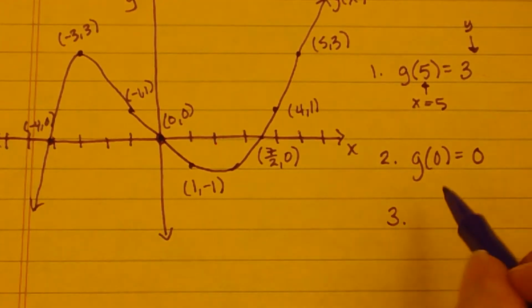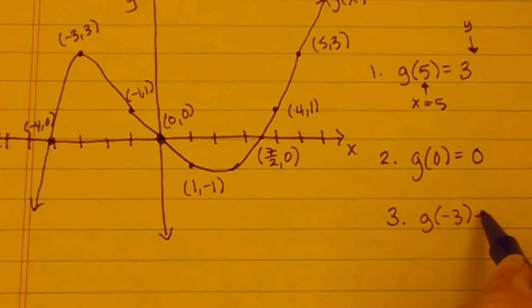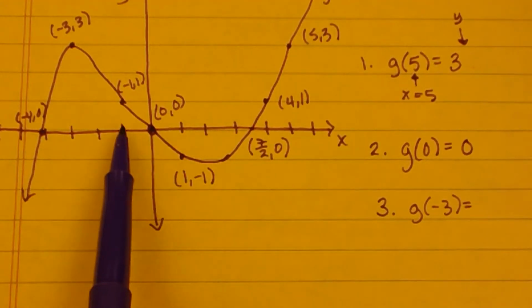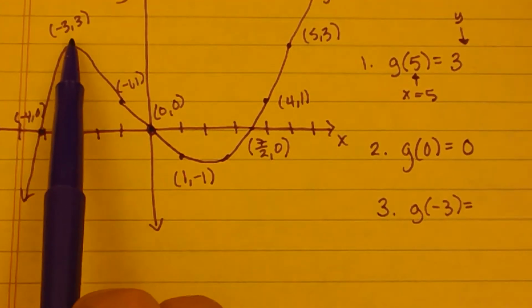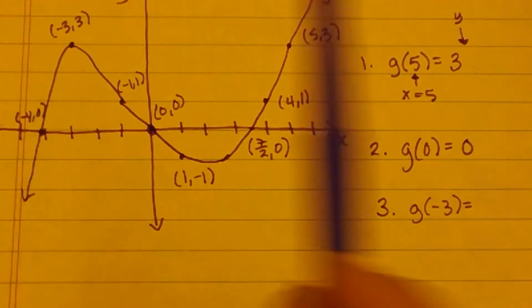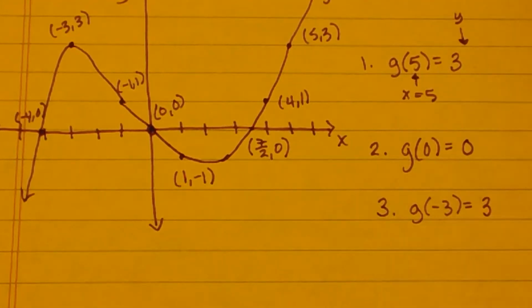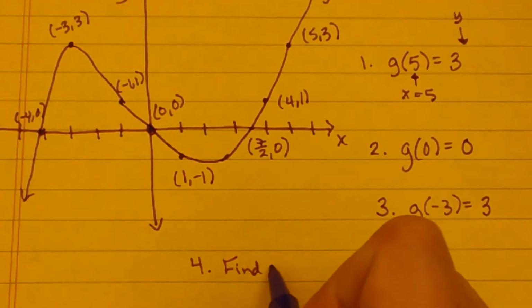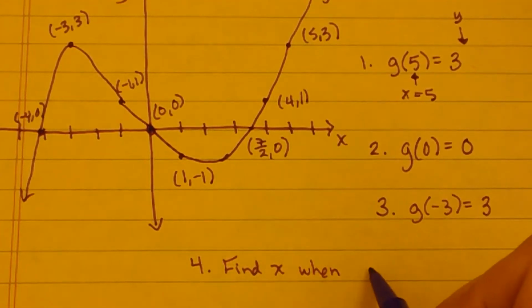How about g of negative 3? G of negative 3 means we're looking where the x value is negative 3, what is the height or the value of our function g of x? So I go to negative 3 on x, follow it up to where the graph would be, and that y value is 3. So g of negative 3 is 3. How about these? Find x when g of x equals 0.